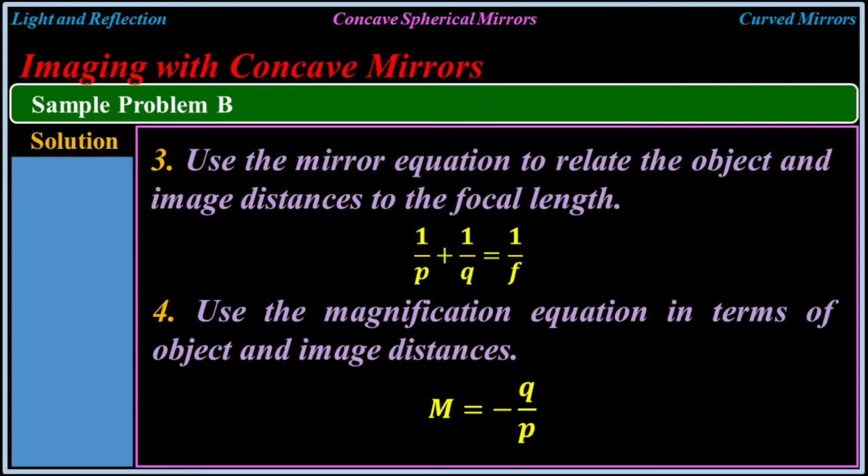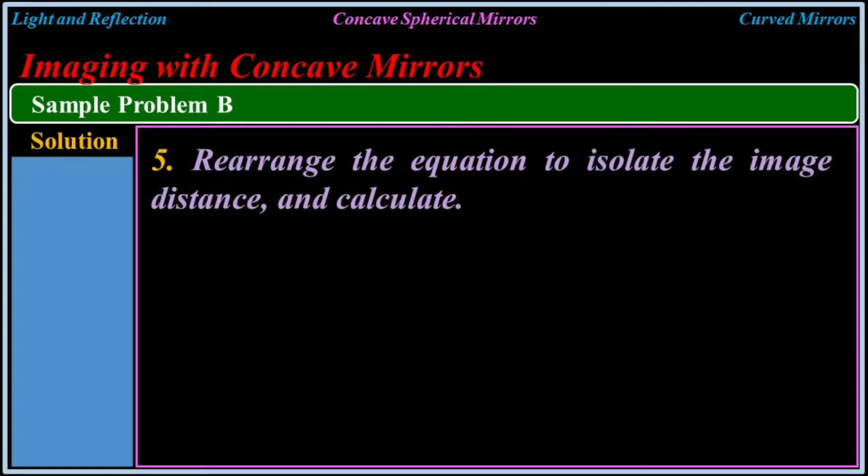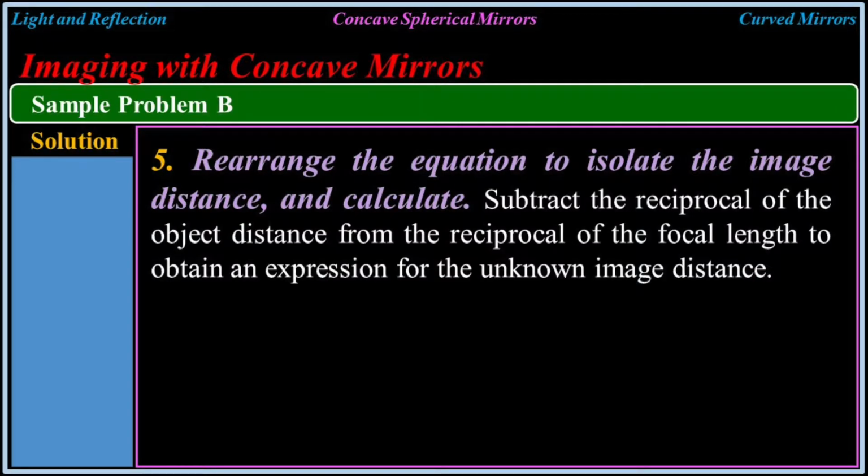Rearrange the equation to isolate the image distance and calculate. So the image distance will be Q. Subtract the reciprocal of the object distance from the reciprocal of the focal length to obtain an expression for the unknown image distance. All right?